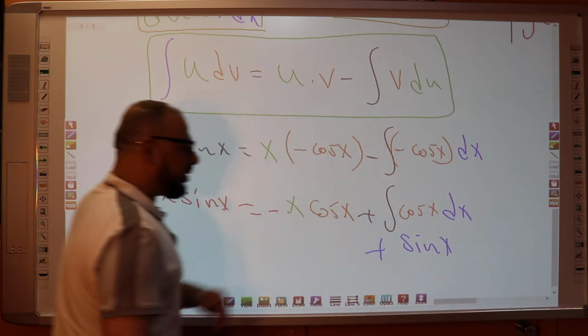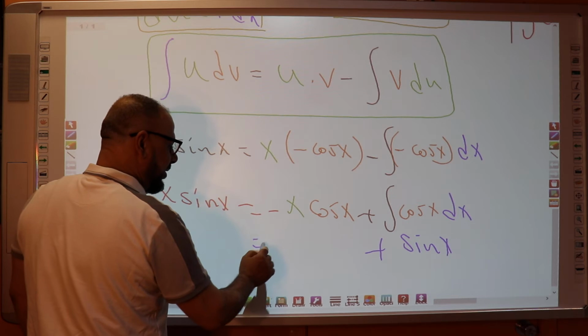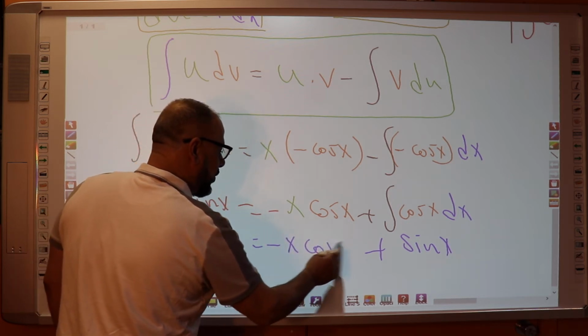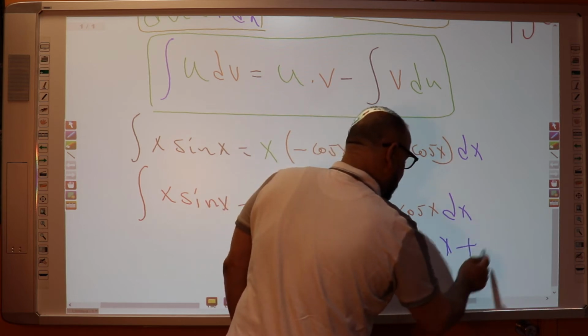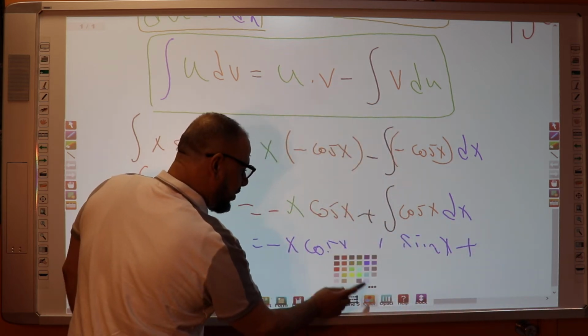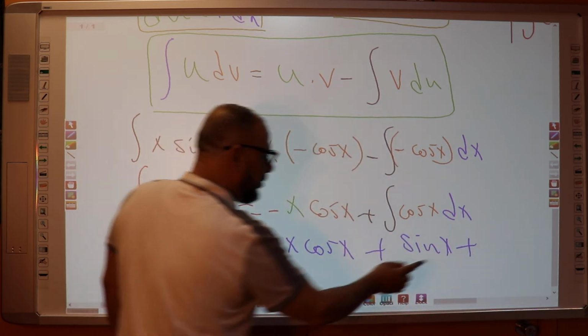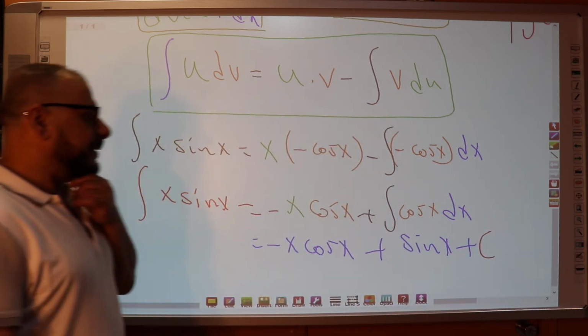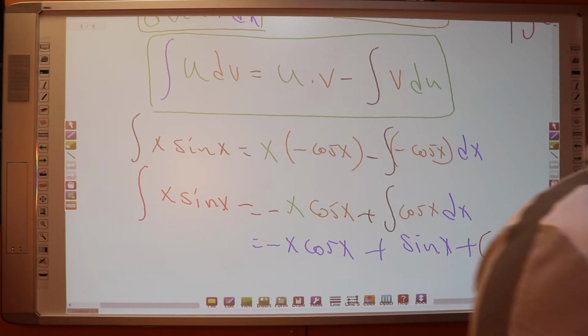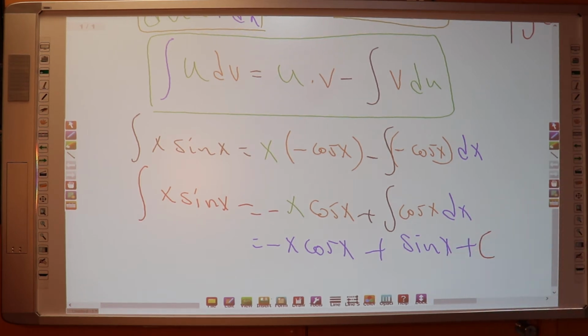So we have negative x cosine x plus sine x, and don't forget my lovely c, because if you lose it, you lose points. This is the first example, and that's an easy one.